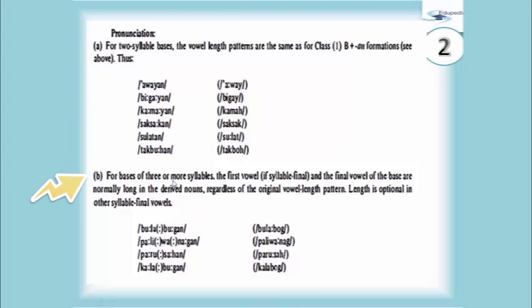For bases of three or more syllables, the first vowel, if syllable final, and the final vowel of the base are normally long in derived nouns, regardless of the original vowel length pattern, and the length is optional in the other syllable final vowels. Bulabugan, bulabog. Paliwanagan, paliwanag. Parusahan, parusa. Kalabugan, kalabog.